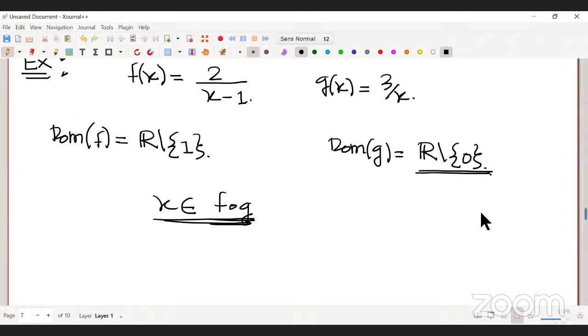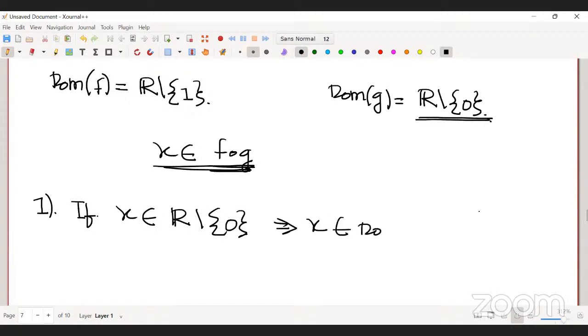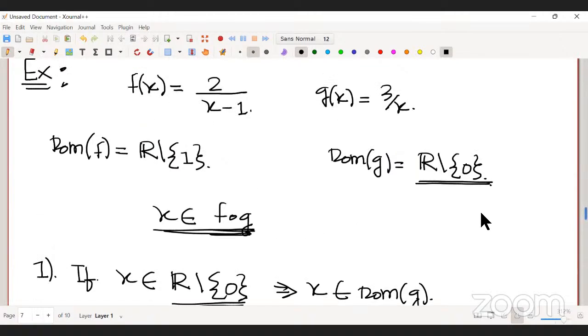If I pick any number from this set, that is an element of the domain of G, correct? Yes, sir.